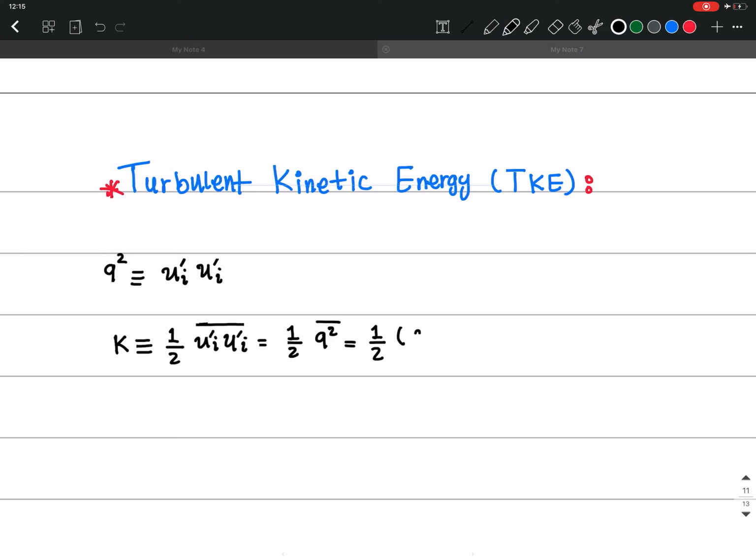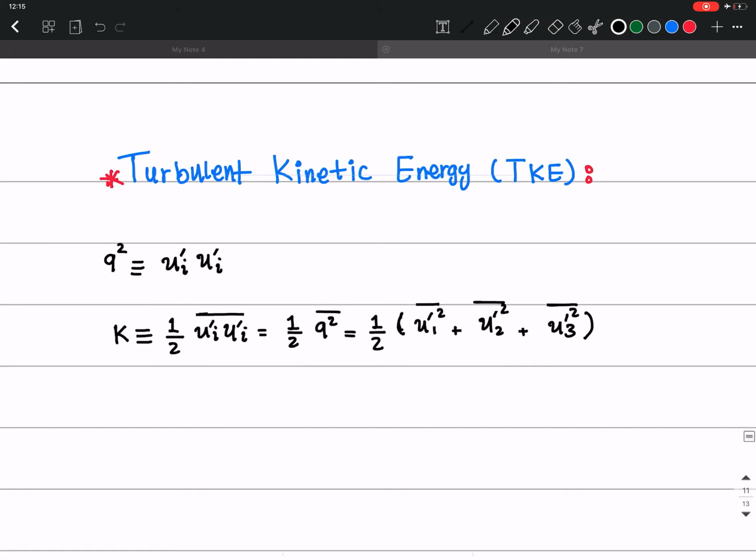So u prime 1 squared bar plus, since this index can go from 1 to 3, u prime 2 squared bar plus u prime 3 squared bar, or the average of that.